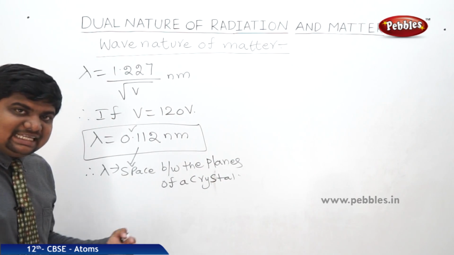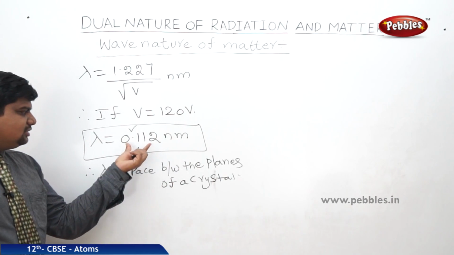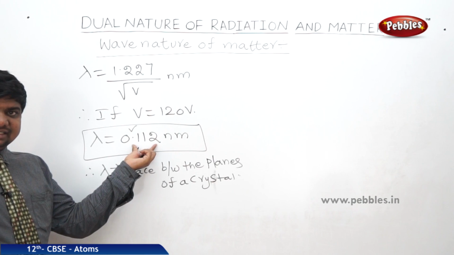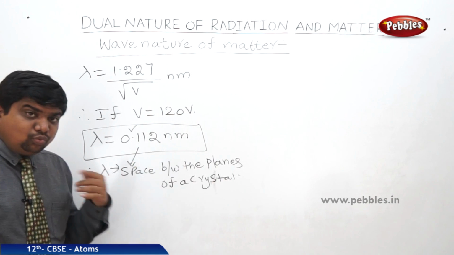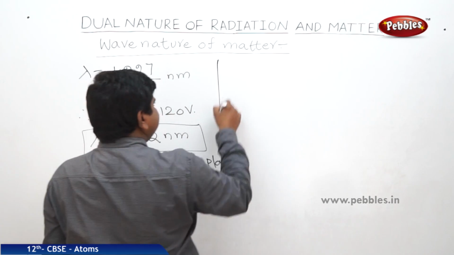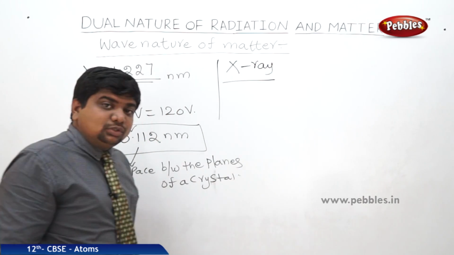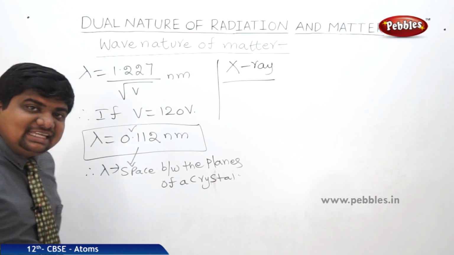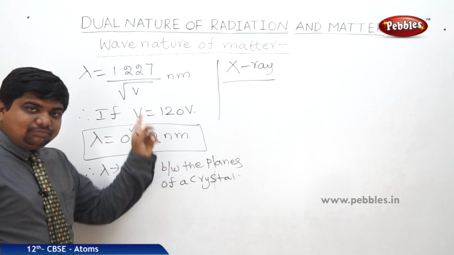If you want to study the internal structure of a crystal, we should use a wavelength of this much, then we can understand the internal structure of any crystal. So, which electromagnetic wave has this much wavelength? X-ray. So, X-rays are useful to investigate the internal structure of the crystal. So, this application proved this one.